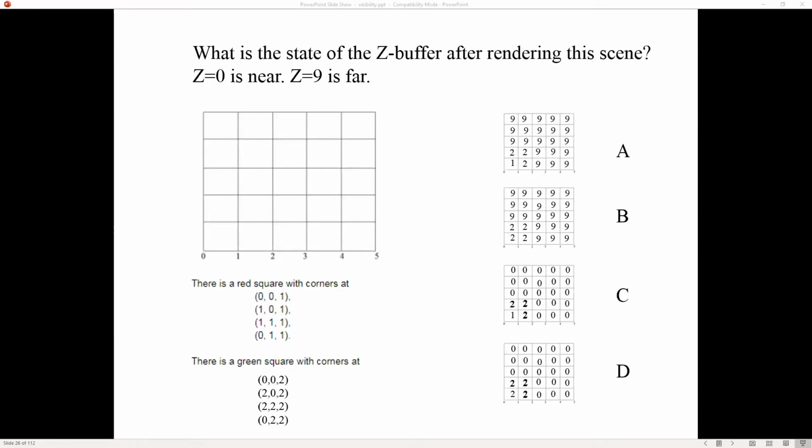If I launch the polling, let me launch the polling. Okay, let me know what you think. What's going to be the state of this Z buffer?